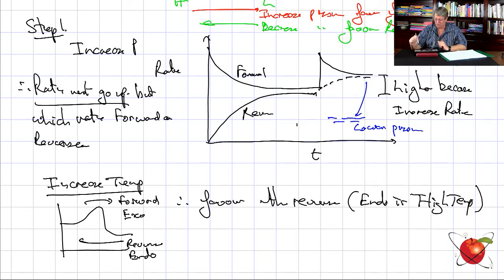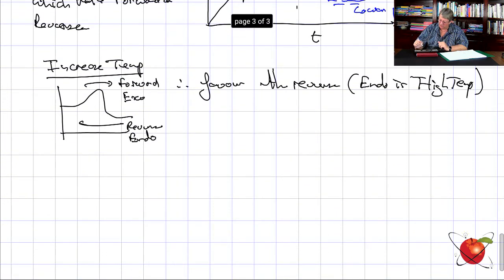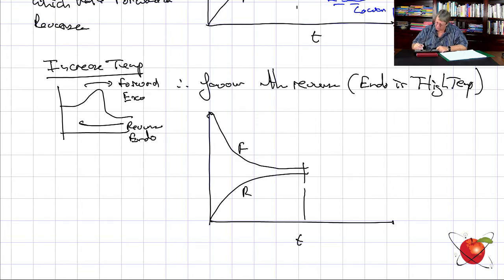Remember, you have to do the little sketch. What does my graph look like? Let's draw it. We had it here, and you go there, and you go here. At this point, it's at equilibrium. I label forward, reverse. I am favoring the reverse, therefore the rate of the reverse is going to go up.